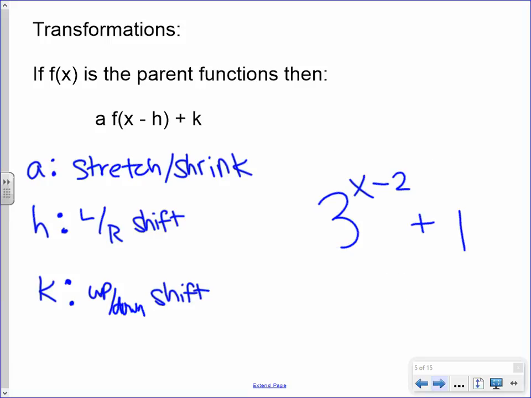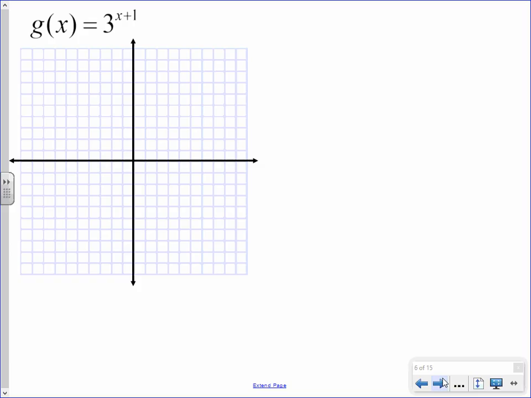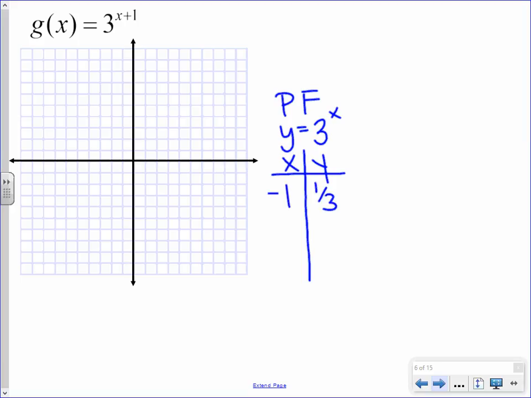So this is what I would expect to see from you. Okay, if we were going to graph 3 to the x plus 1, I would want you to consider your parent function 3 to the x. We know that we have the points negative 1, 1/3, 0, 1, and 1, 3.